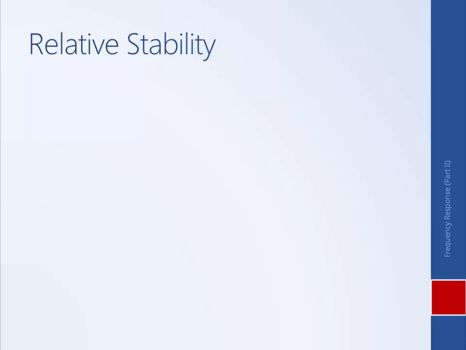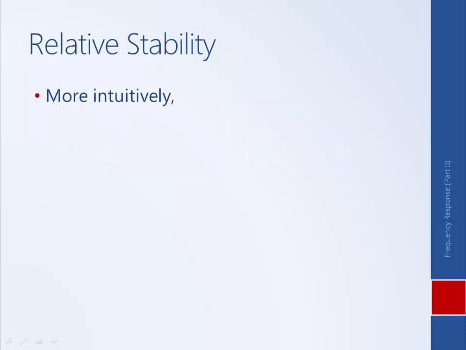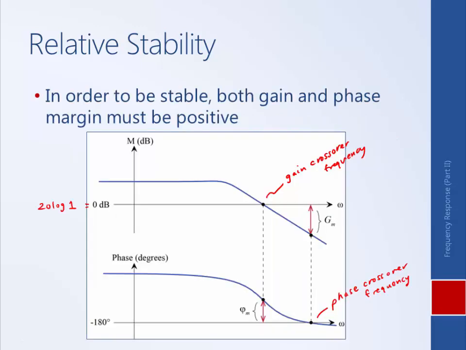A little bit more intuitive way to think about what gain margin and phase margin represent is this. Gain margin indicates how much we can increase the loop gain before the system goes unstable. For example, let's say that this Bode plot represents our open loop system.